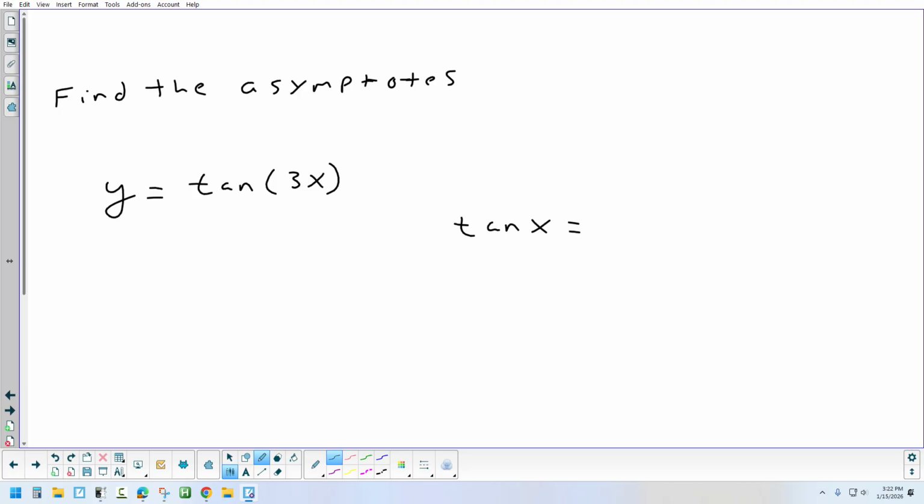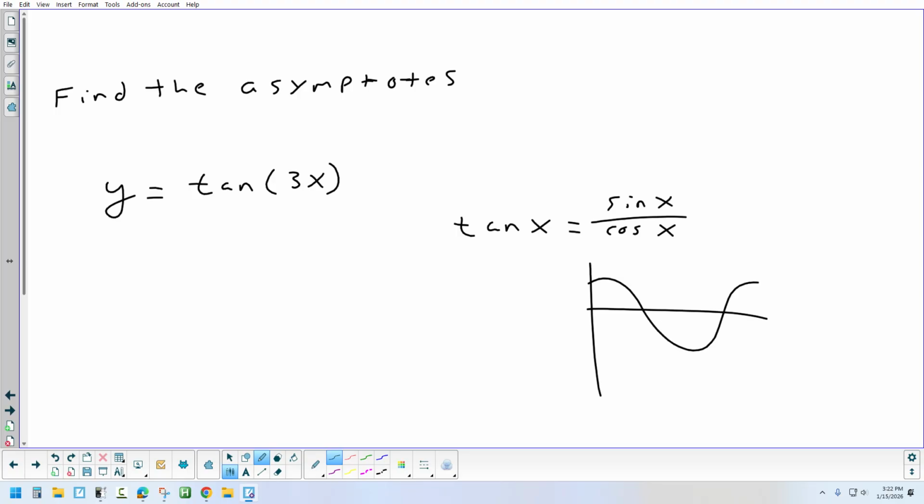Yep, it's sine over cosine. And a vertical asymptote happens anytime you get a what in what part of the fraction? Yeah, a 0 at the bottom. So we just have to figure out when is the bottom 0.